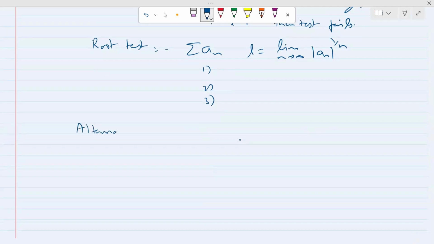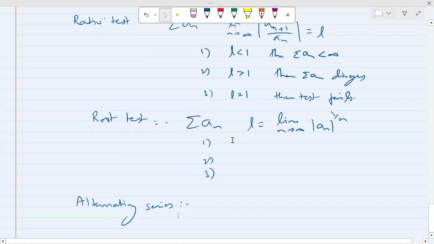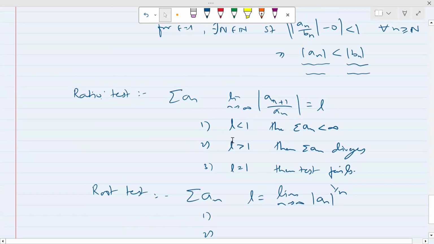So when do we get to know that when a test of some series fails, which test we should use so that we get the required result? There are plenty of tests available to check whether a series is convergent or divergent.